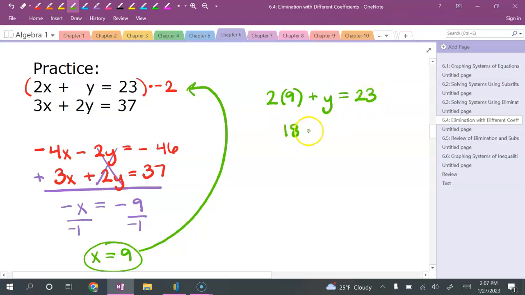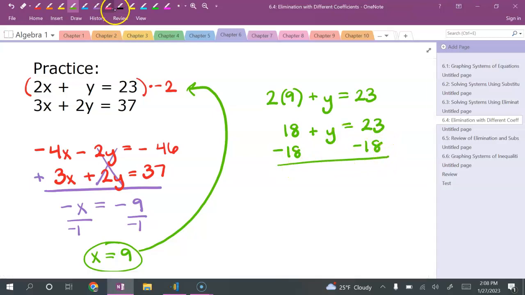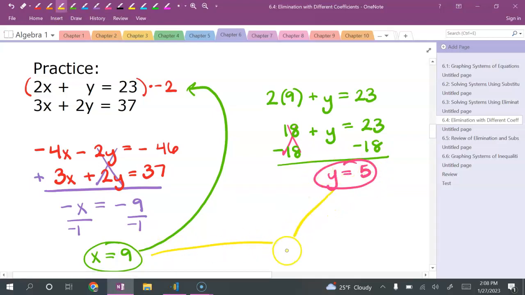So this is 18 plus y equals 23. Then I subtracted 18 from both sides, and that left me with y equals 5. Then I wrote it as an ordered pair, so it was 9, 5.